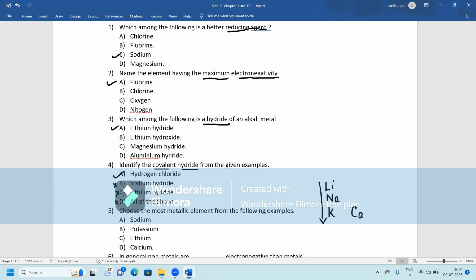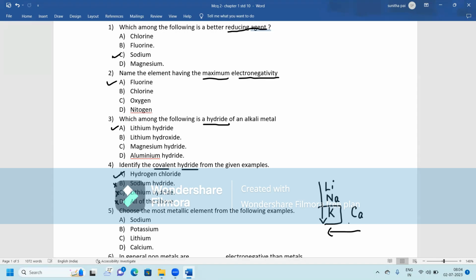Down a group, actually metallic character increases. So this has to be the most metallic if you consider down a group. But across a period, metallic character decreases. So the increase is like this.